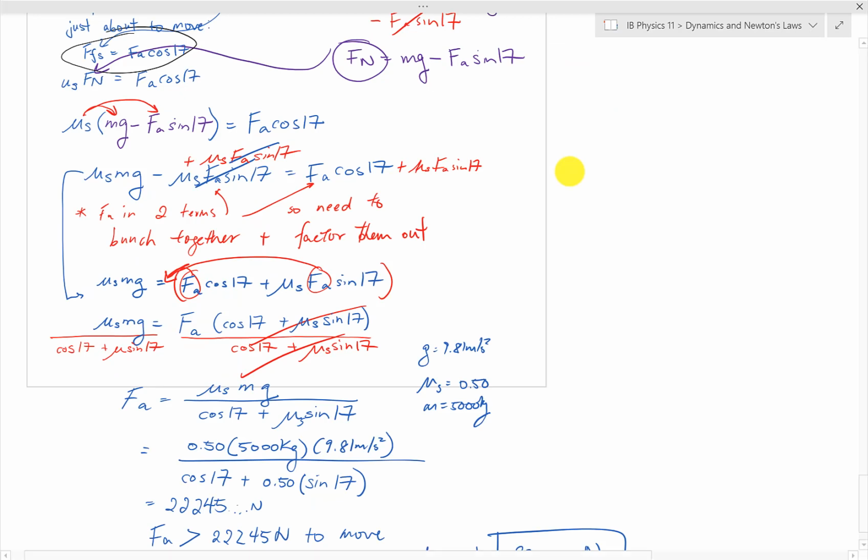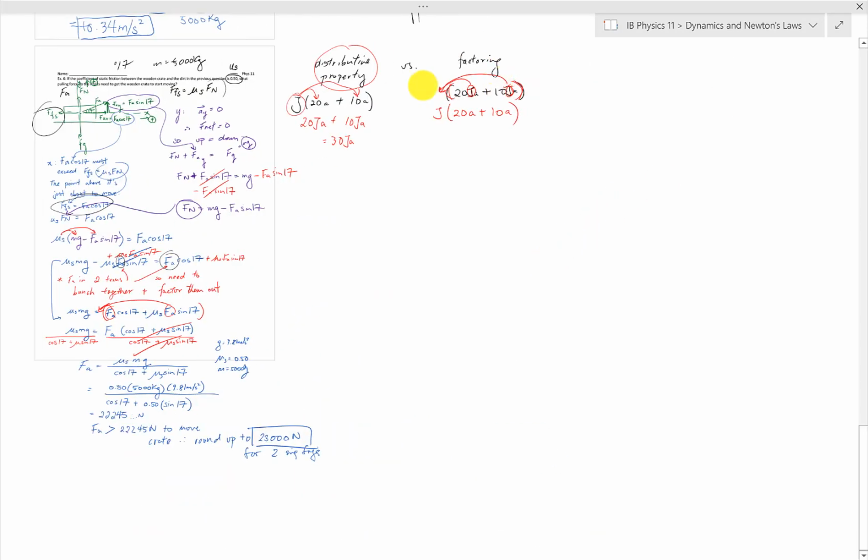It got a little tricky when you had to solve for the applied force Fa when there were two of them in the same equation in two separate terms. So that's when I talked about the factoring and the distributive property comes into play. You needed to factor the Fa out when the two terms are side by side.